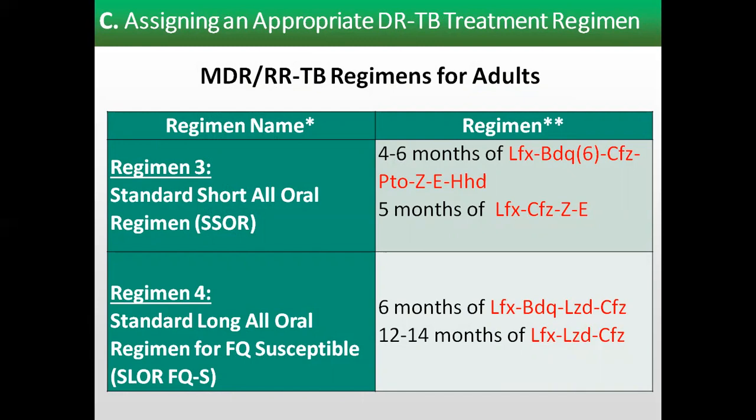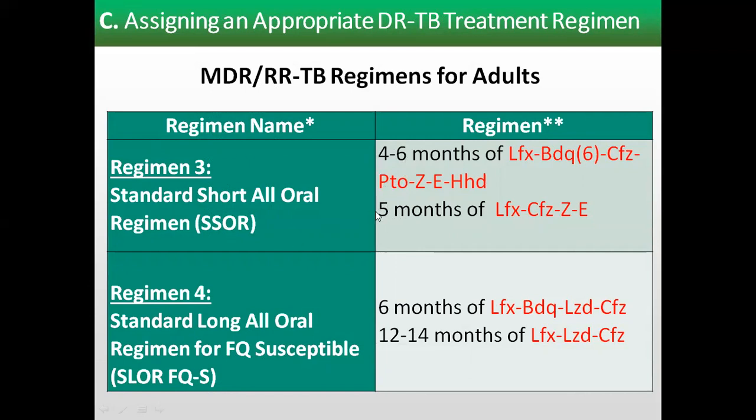Yun yung terminology na gagamitin nating. So, for the SSOR, it can either be 9 months. Ito po yung pinaka-short. So, 4 months plus 5 months, or it can be as long as 11 months.